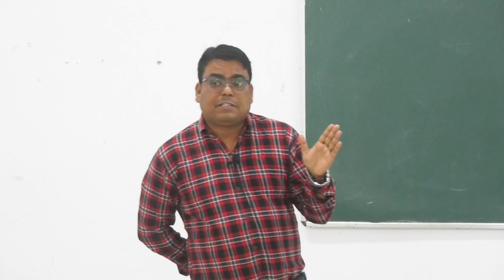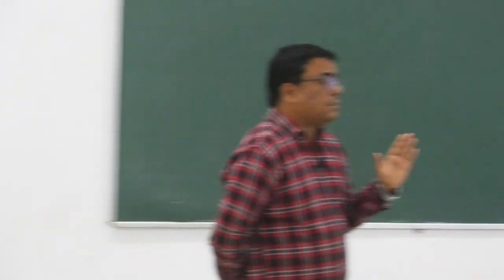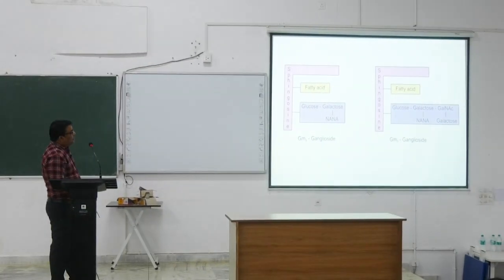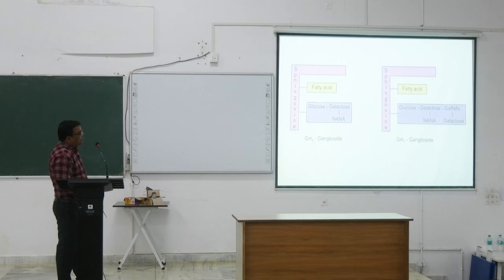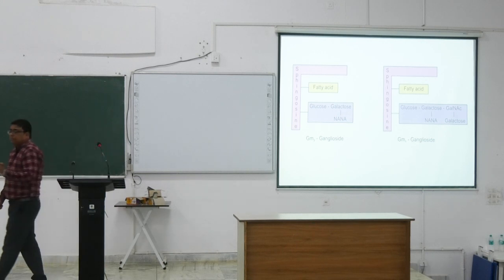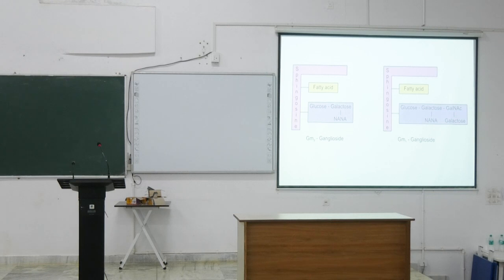This topic is complete. So the basic structure you see is ceramide attached with glucose, galactose, and N-acetylneuraminic acid. It is called GM3. It is a complex molecule.